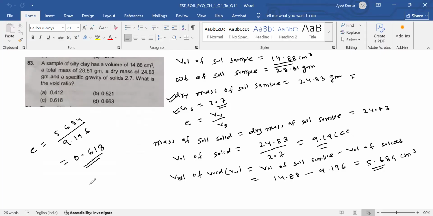Okay. So option number C exactly matches this, 0.618. This will be the answer to 83, option number C. Okay. Now question number 84.